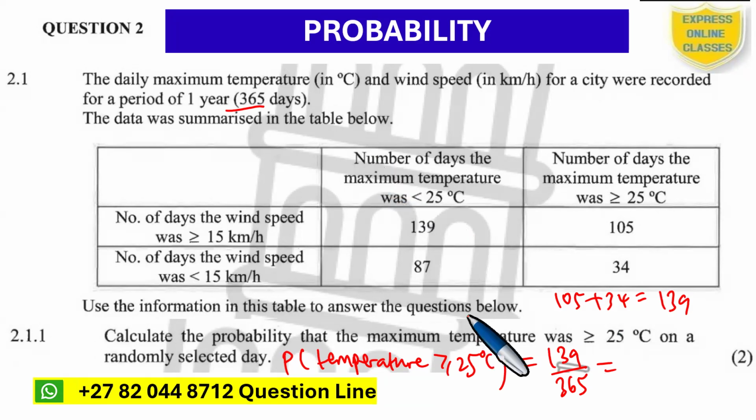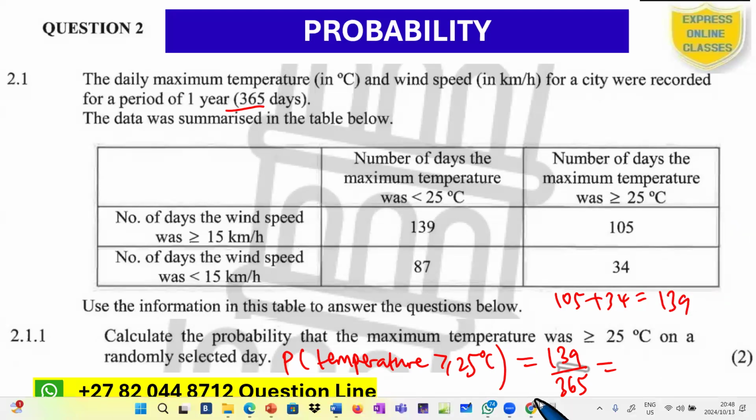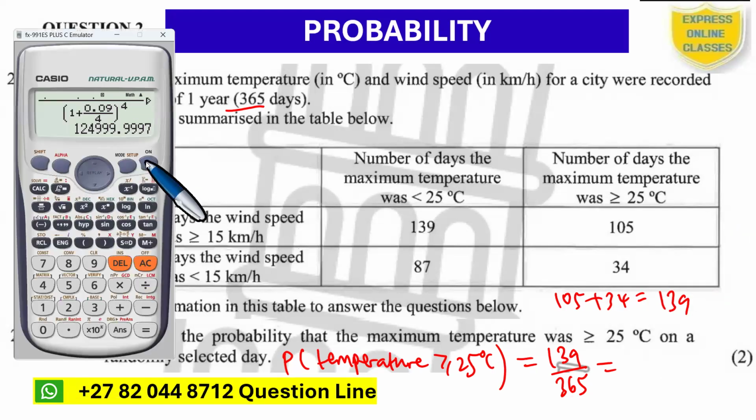So now, here is our calculator. You're going to have 139 divided by 365, which is 0.38.